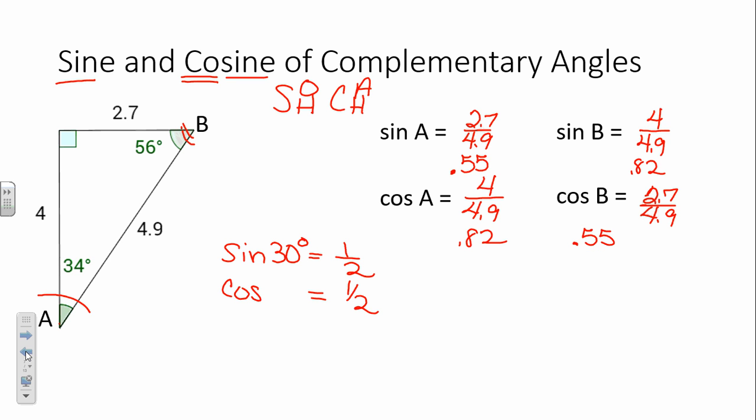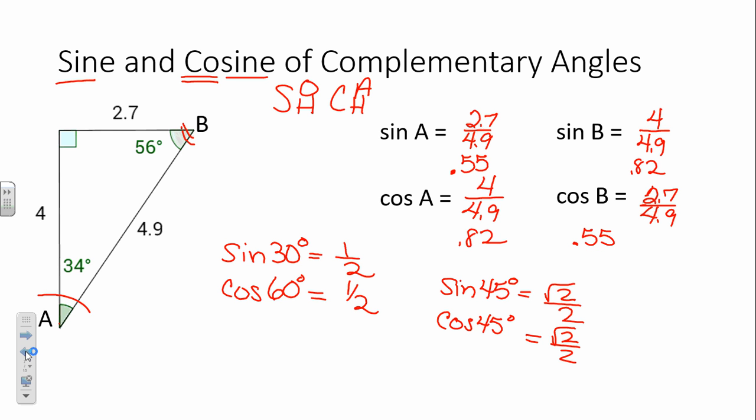So the sine of 30 is the same thing as the cosine of 60. If I told you that the sine of 45 degrees is the square root of 2 over 2, what else would be the square root of 2 over 2? The cosine of 45 degrees.